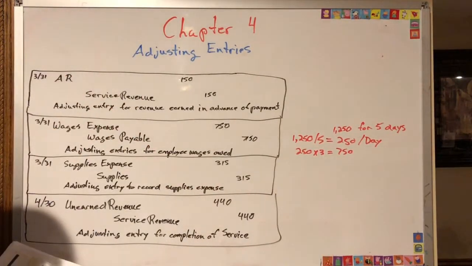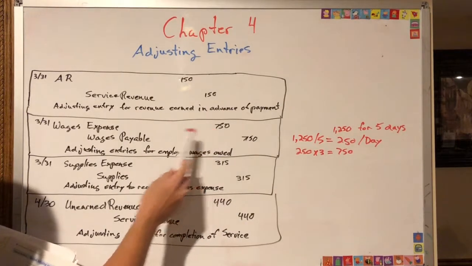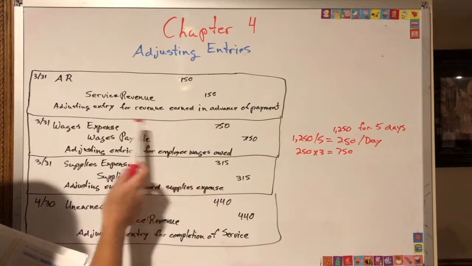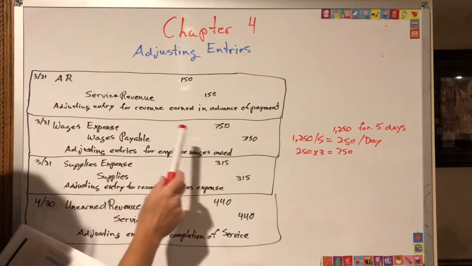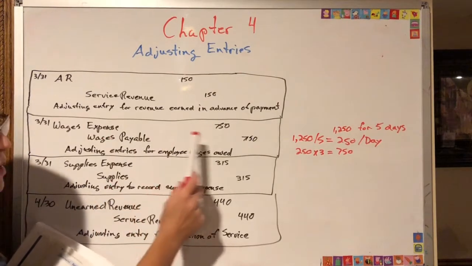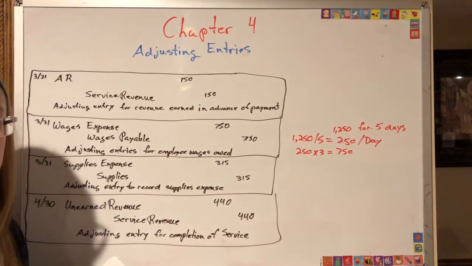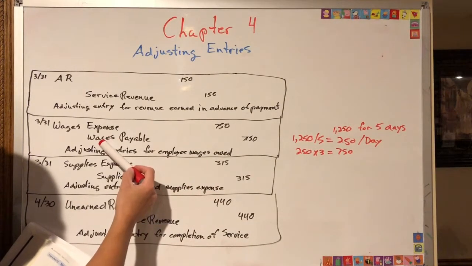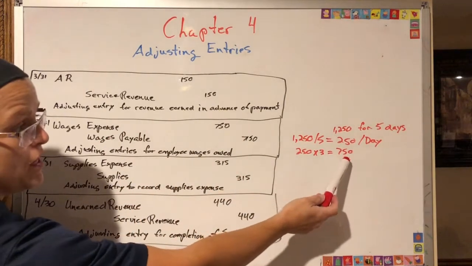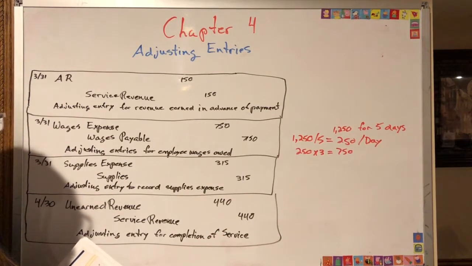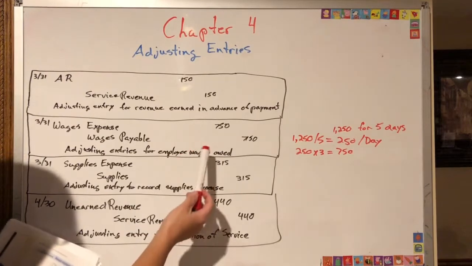$750. So the adjusting entries that have to be made, so we record in our journal wages expense of $750 and wages payable of $750 because we know that we owe that $750 because they earned that money, right? So we owe them $750.